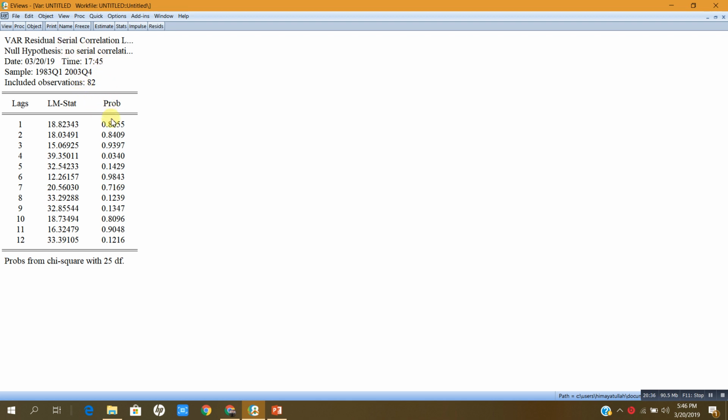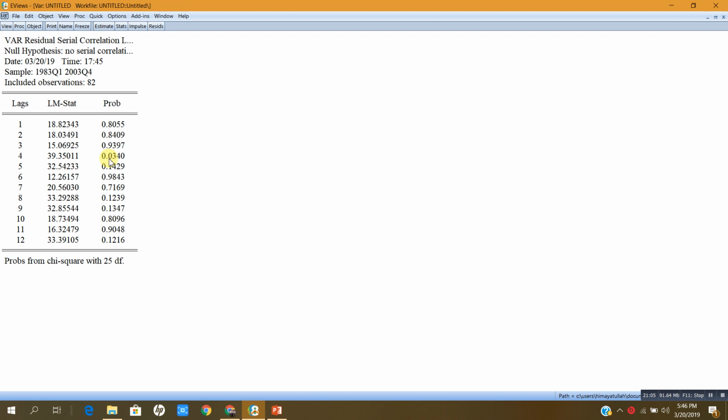So if I see all these p values, I can see that there is no serial correlation at various lags except one, and that is when I take 4 lags. But since I have decided that there must be 2 lags, so at 2 lags there is no serial correlation. So serial correlation is not a problem in this model here.